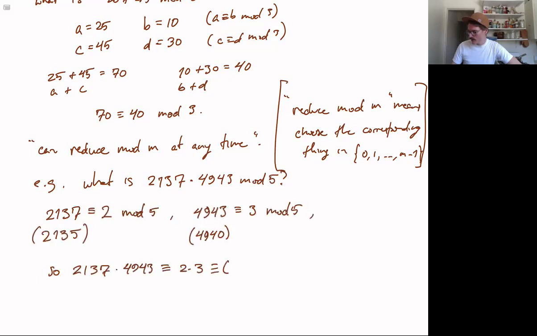And this is equal to 6, which is congruent to 1 mod 5. So this makes it much easier to do modular arithmetic than to do usual arithmetic.